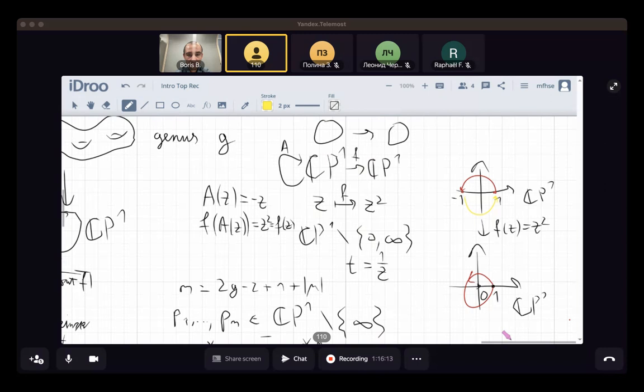So this means that, going back here, once you go along this loop, which contains some of the points Pi, simple ramification points, this will correspond to precisely this thing. Maybe let's use some other color.